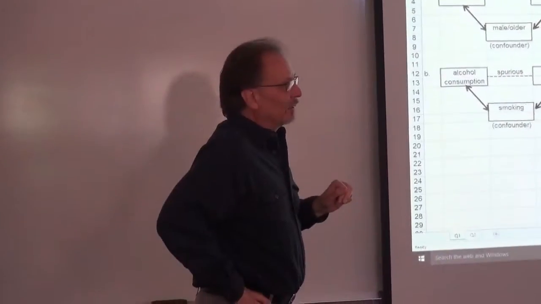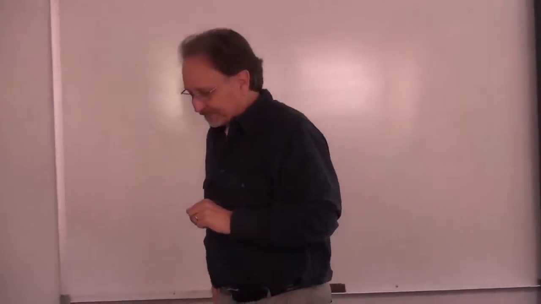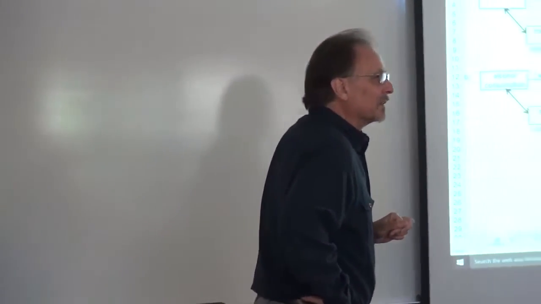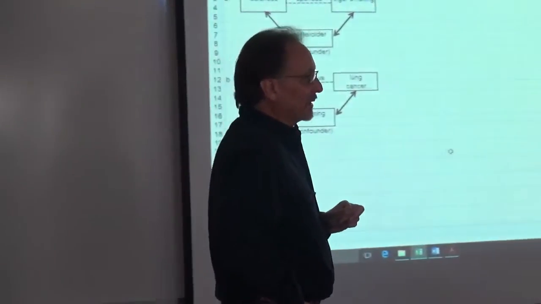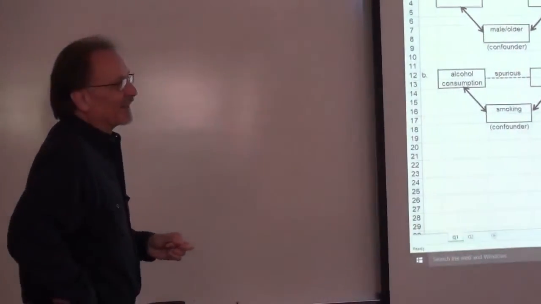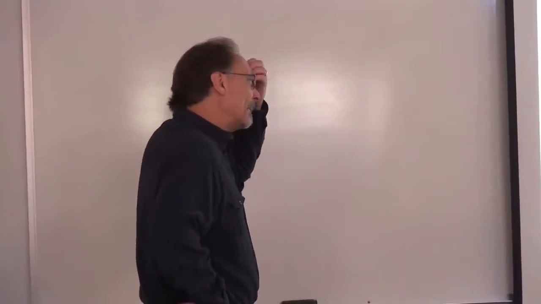Can you give an example of a negative one? Negative confounder. Yeah. Exercise and risk for heart attack, because exercise reduces your risk. High fiber diet and colon cancer can be another one.